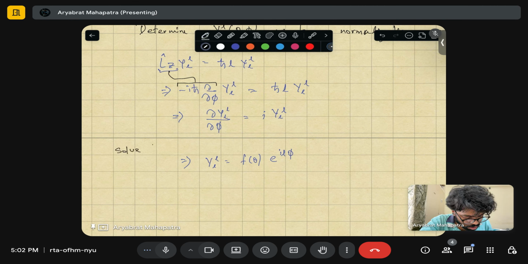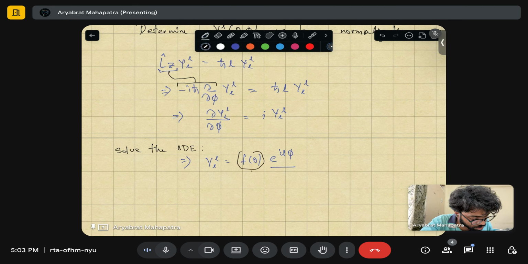Solve the ODE, the ordinary differential equation. You will surely get this thing, and then there will be some constant, and you call that constant f of theta.